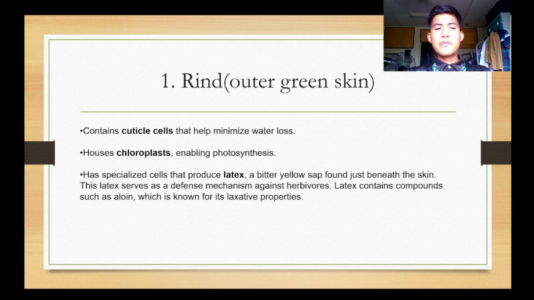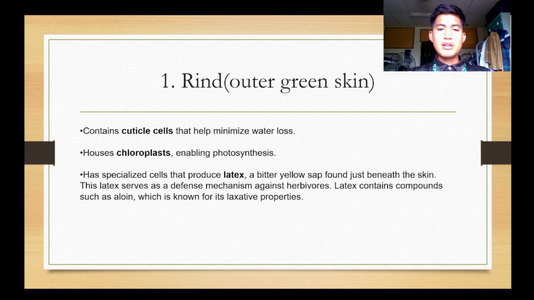So, rind. Rind is the outer layer of the aloe vera leaf. It contains cuticle cells that help minimize water loss, and also has chloroplasts that enable it to do photosynthesis, and also has specialized cells that produce latex.